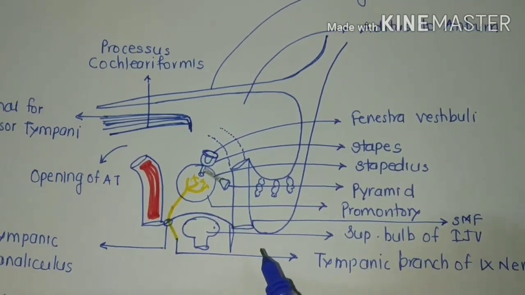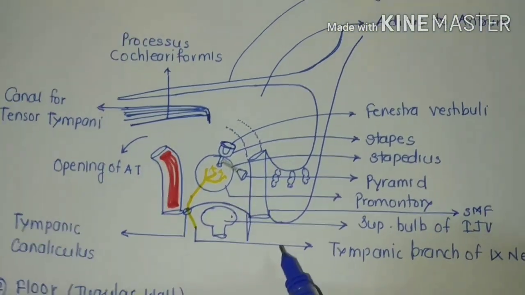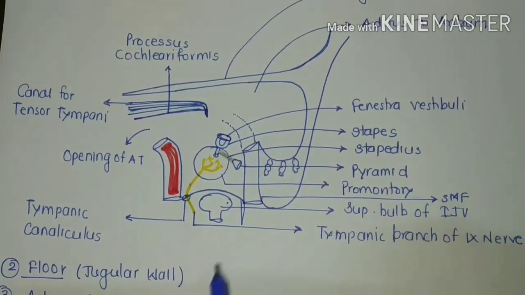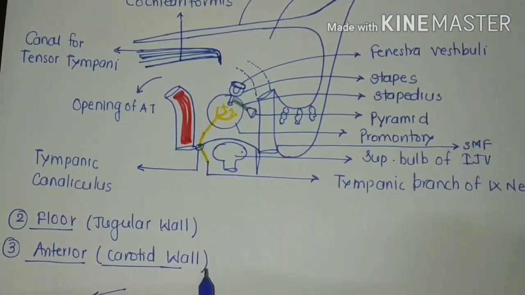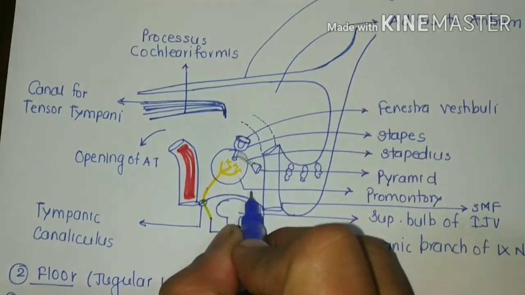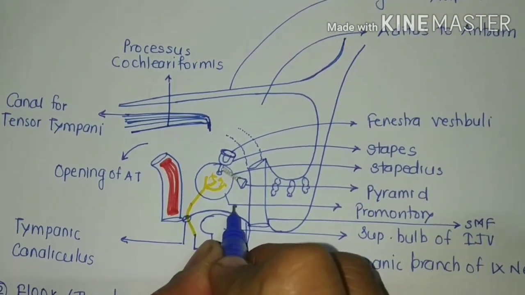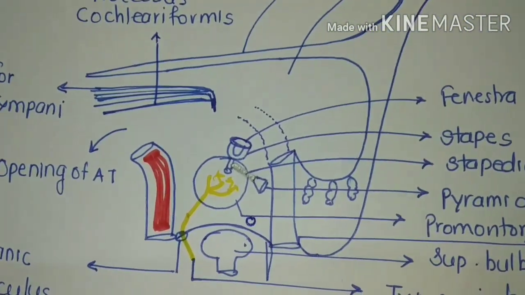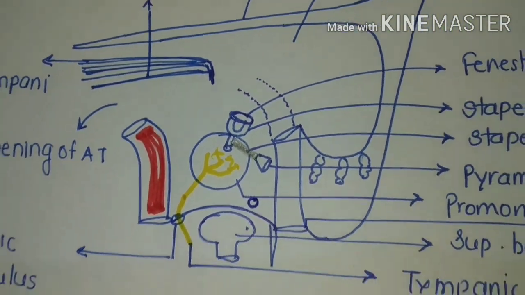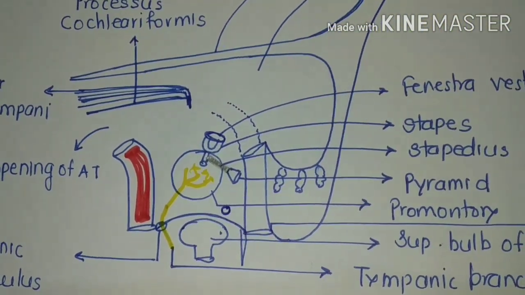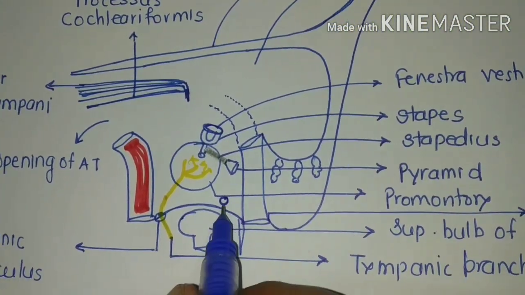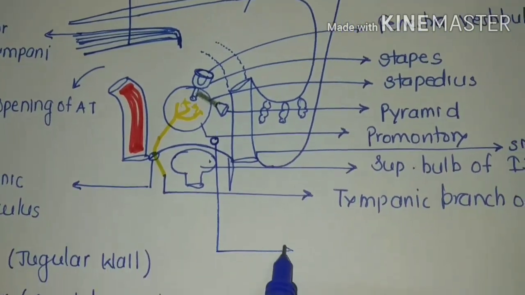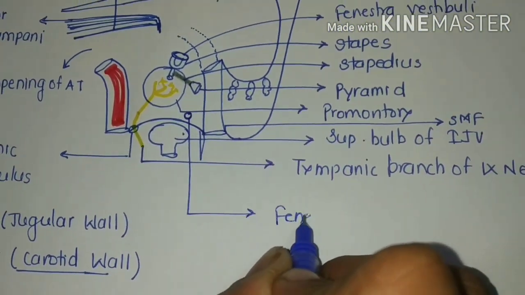Then coming to the next feature, that is the fenestra cochlea. It is also called the fenestra rotunda. It is a round opening which is situated posterior and inferior to the promontory. Clear? So this is the fenestra cochlea.